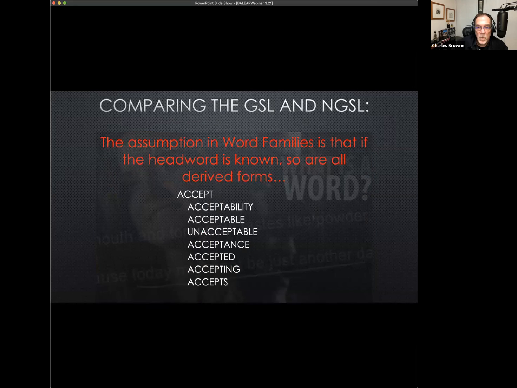One of the problems that we had, the creators of the NGSL, was that there's often an assumption in the word family approach that if someone knows the head word, for example, accept, that automatically we can assume that students know all of the other forms of the word, that they will recognize and know the other forms like acceptability, unacceptable, acceptance, accepting. It's a nice, clean and easy assumption to make, but the research actually doesn't show that to be true.